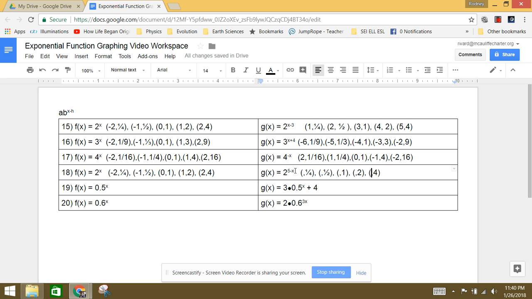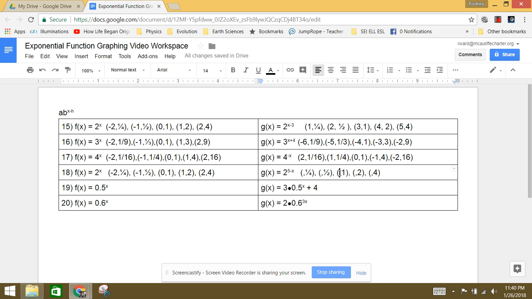We need to figure out what x has to be for 5 minus x to give us the same results. So for 5 minus x to give us the same result as 0, 5 minus x has to equal 0. So 5 minus 5 equals 0.